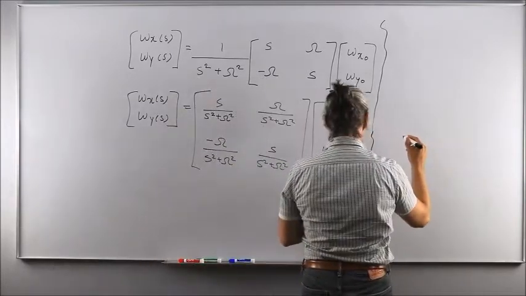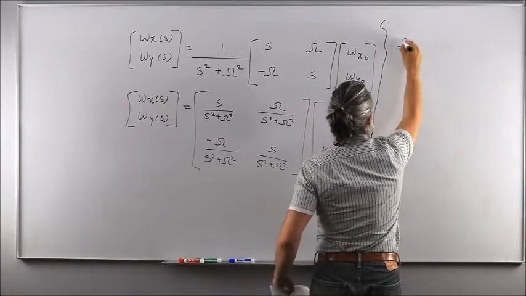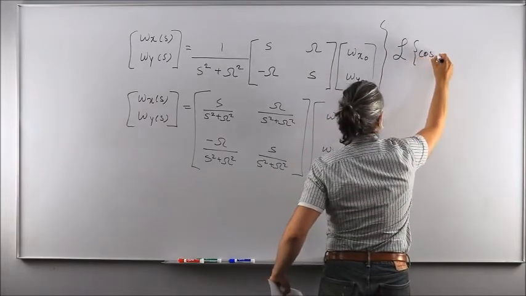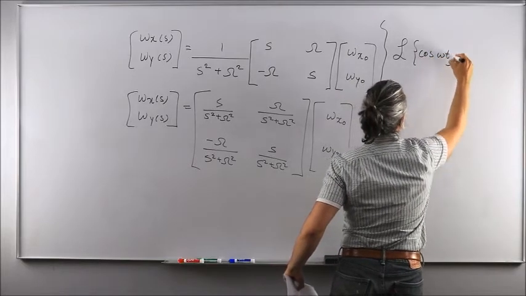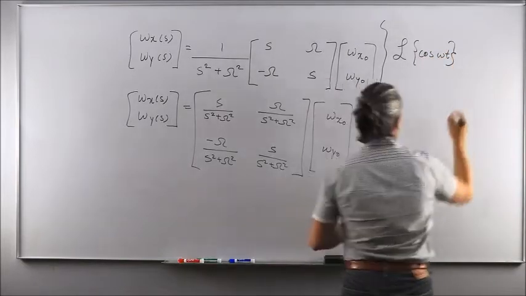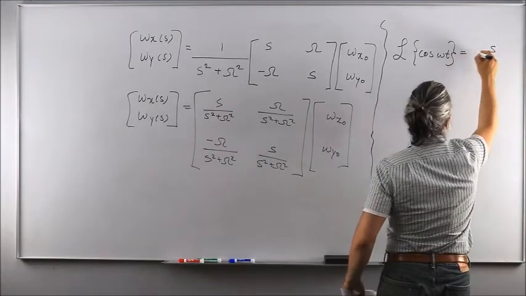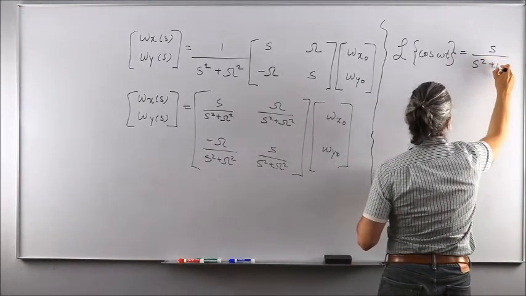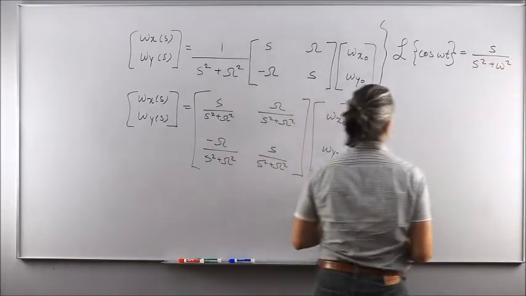So if you have the Laplace transform of cos of omega t, this will turn out to be, in the Laplace domain, equal to S over S squared plus omega squared.